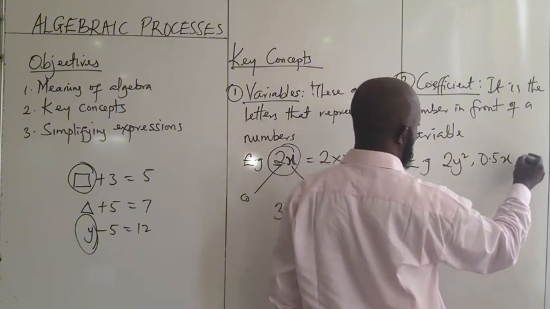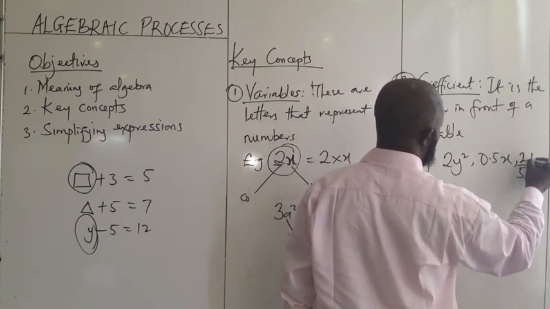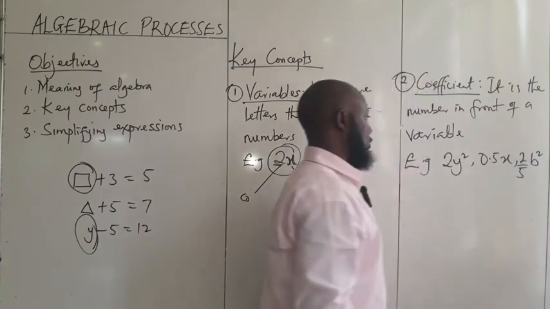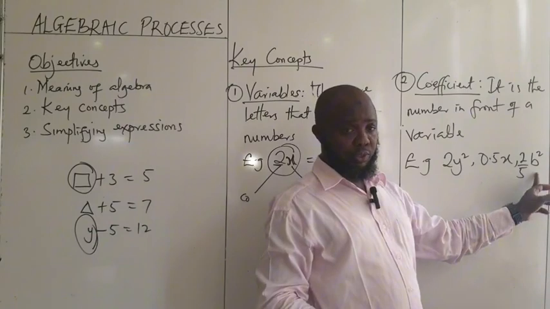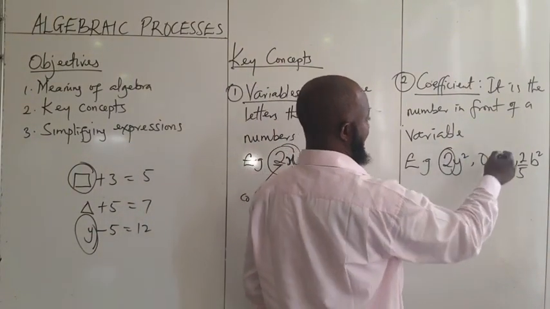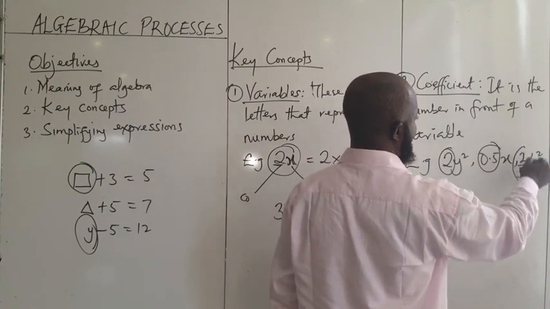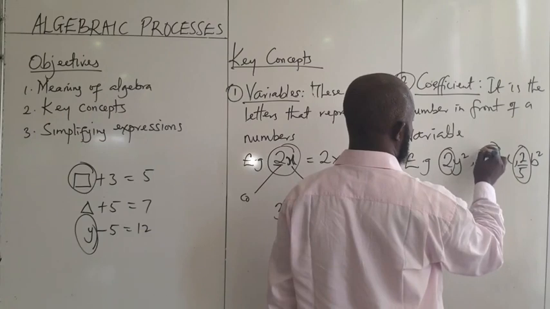And we can also have 2 over 5 b squared. So you can see the variables here are y, x, and b. The number that is attached to them is the coefficient. Let's say this one is minus 0.5.